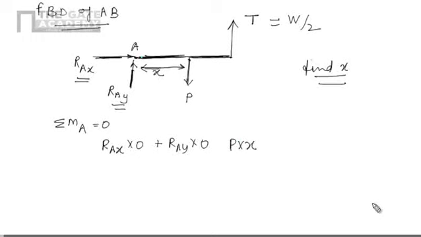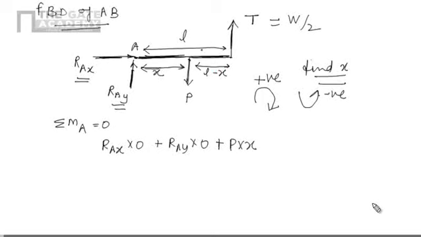The direction of rotation is clockwise, and according to our convention clockwise is positive, anti-clockwise is negative, so this should be plus. The moment due to this T: the distance here is L. We are not interested in L minus x, since the perpendicular distance is directly given, that is L. So T into L, and the direction of rotation is anti-clockwise, so it is negative.